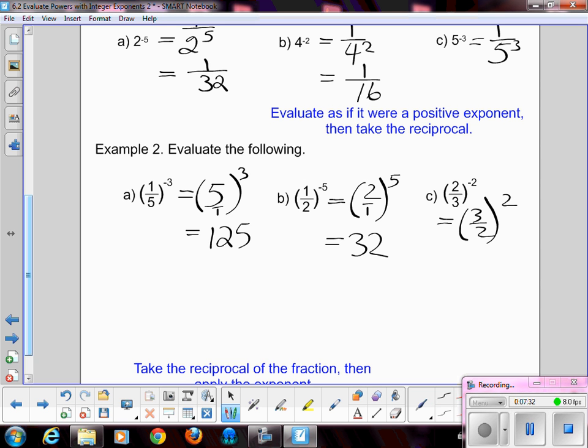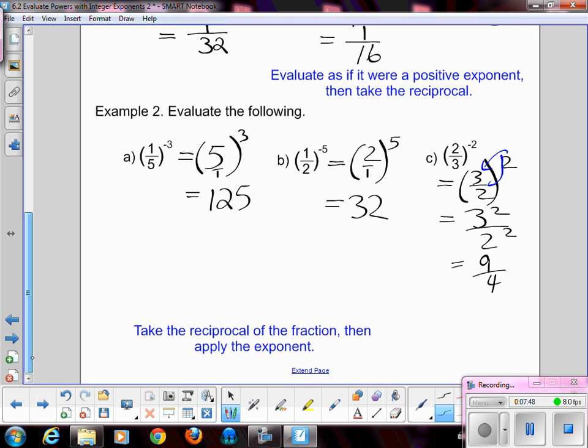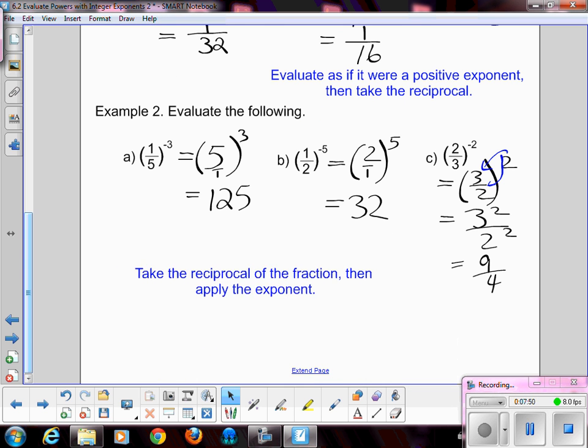Now this requires me to apply that 2 to both the numerator and denominator, so I end up with 3 squared over 2 squared, and because it says evaluate, 3 squared is 9, 2 squared is 4. So that usually works the best.